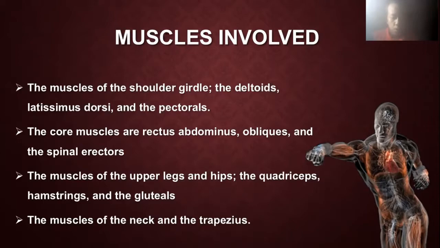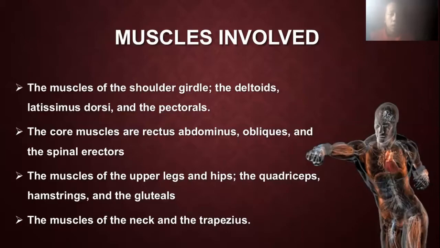We will go to the muscles of the upper legs and hips. The muscle involved is the quadriceps at our leg, which is the great extensor muscle of the knee.